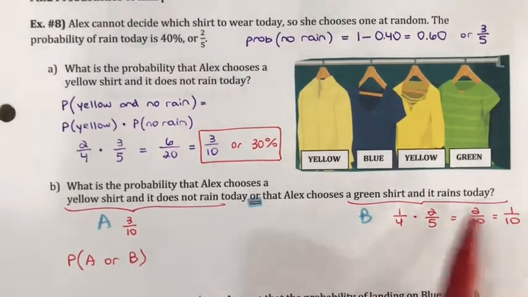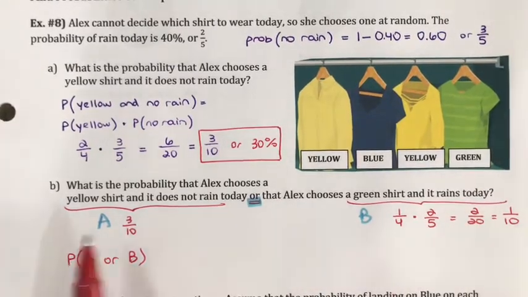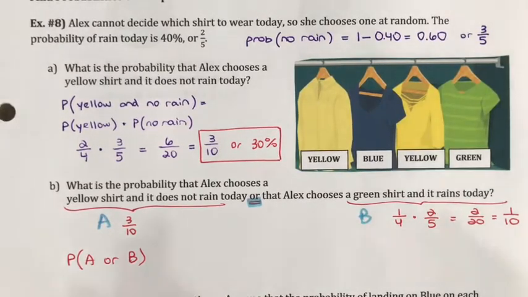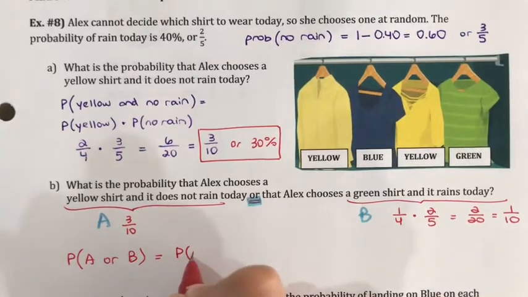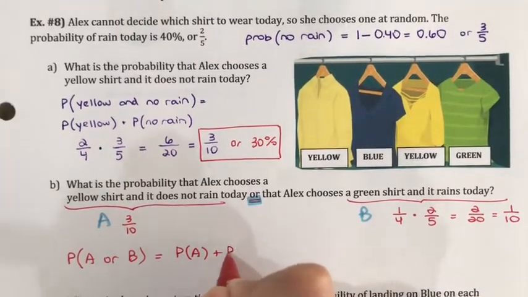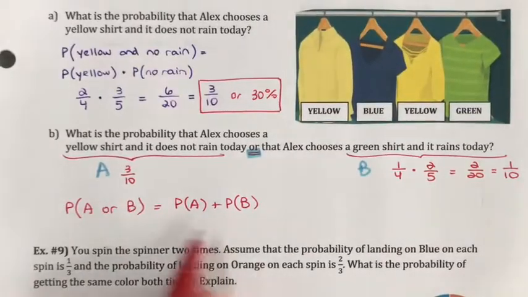Notice that not raining and raining cannot both happen. Yellow and green cannot both happen. So to find the probability of A or B, we do the probability of A plus the probability of B.